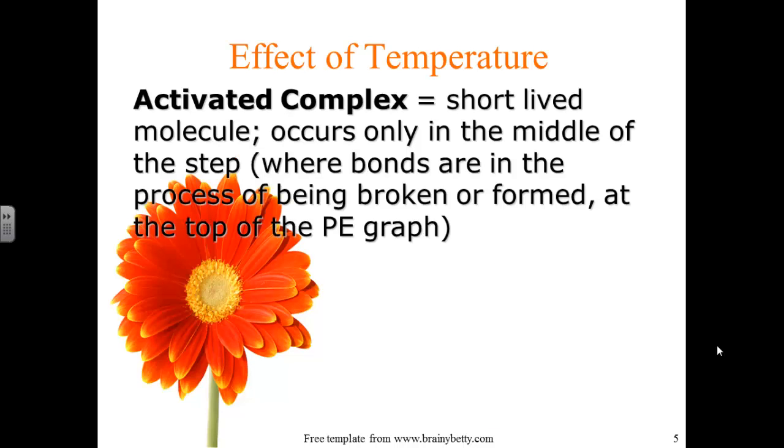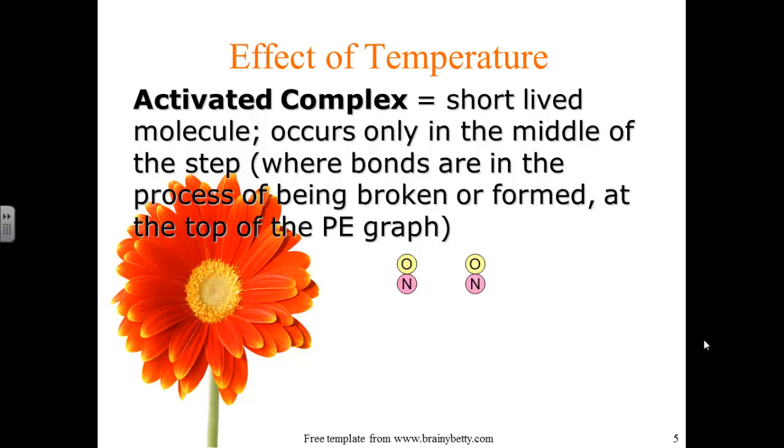The activated complex is a short-lived molecule, occurs only in the middle of the step, and this is where the bonds are in the process of being broken or formed, and it's found at the top of the potential energy graph. We haven't looked at the potential energy graphs yet, but we will. We did see an example of an activated complex two lessons ago when we learned about collision theory.